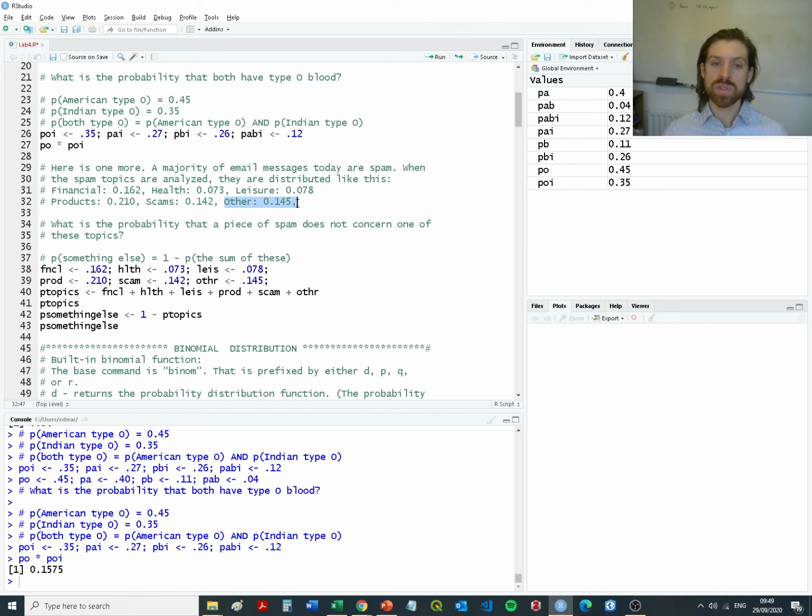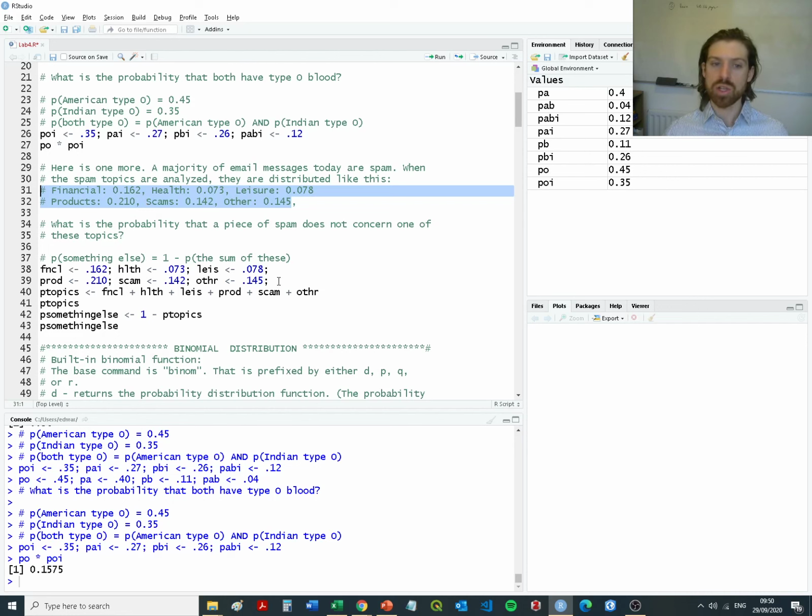And then about 14% falls into other categories. So the question is, well, what's the probability that a piece of spam does not concern one of these topics? So these don't fully represent all of the distribution. So how do we get that?